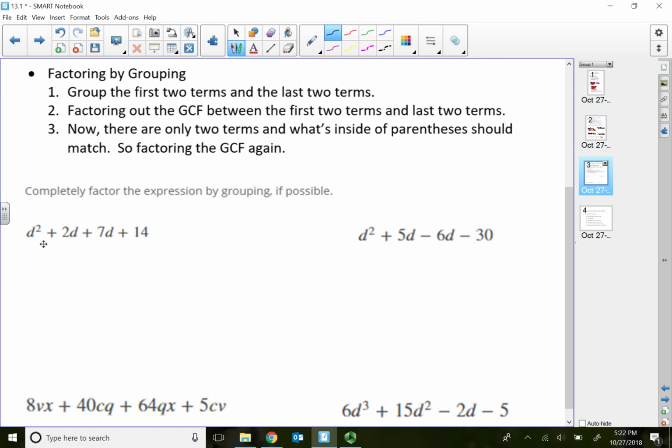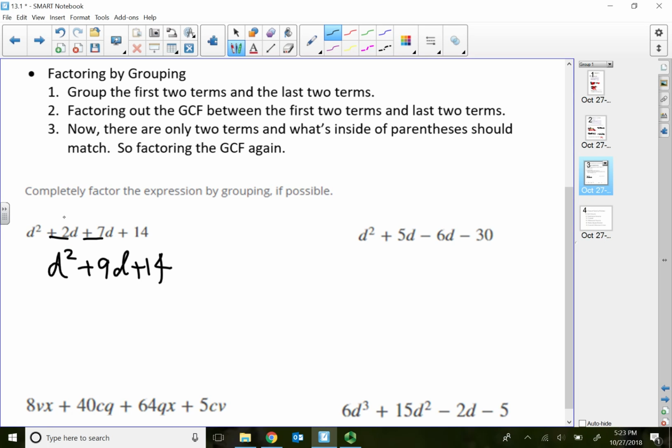Factoring by grouping. So here I got 4. Well, as a matter of fact, here I only have 3 types of unlike terms. These 2 terms can actually be combined. They are like terms. So technically, let me write this down and I will erase it. Technically, this polynomial is d squared plus 9d plus 14.